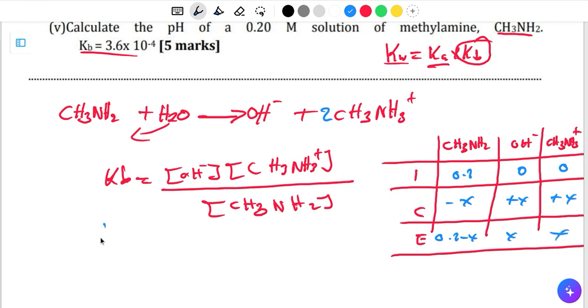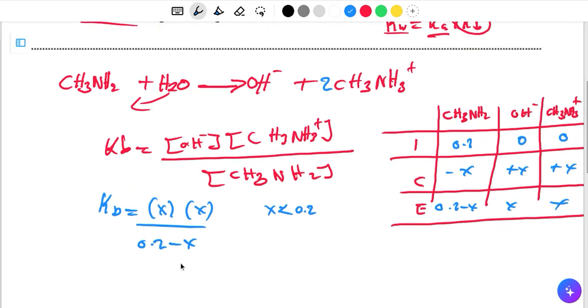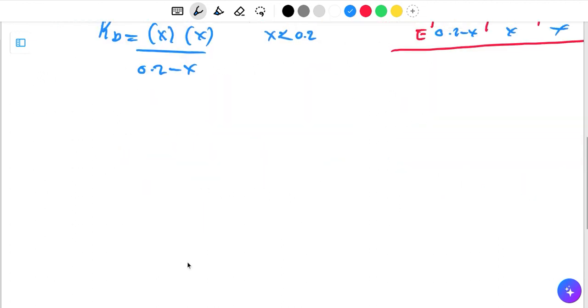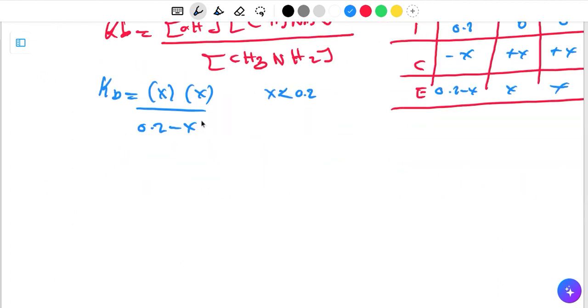Meaning to say that our Kb is going to be equal to x squared over 0.2 minus x. Even here you need to assume that x is less than 0.2. So if you assume that x is less than 0.2, you need to ignore that part, this one here.